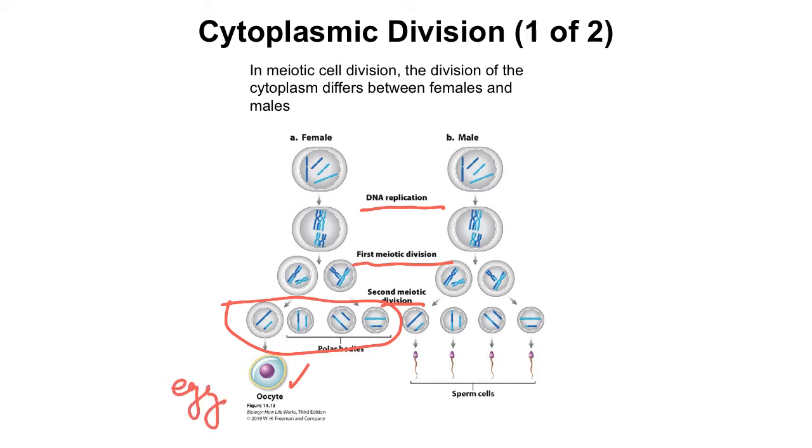The other products receive only small amounts of cytoplasm, and these smaller cells are called polar bodies. In males, however, the cytoplasm divides fairly equally, resulting in products that all form functional sperm by a process called differentiation.